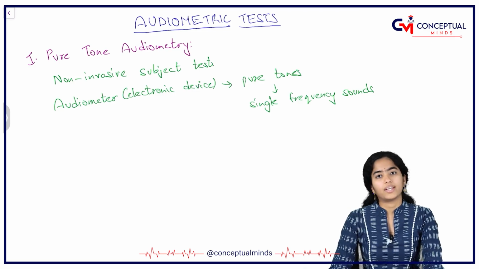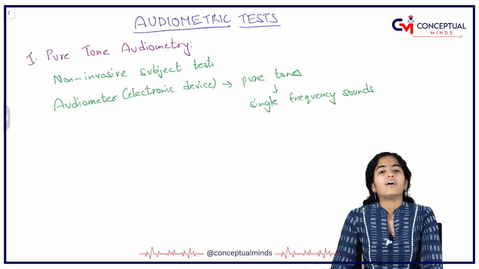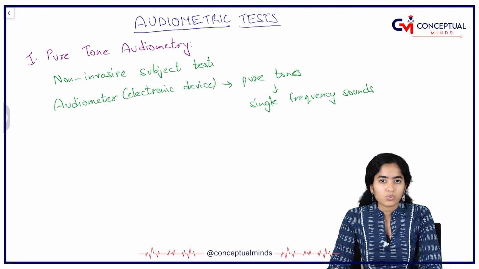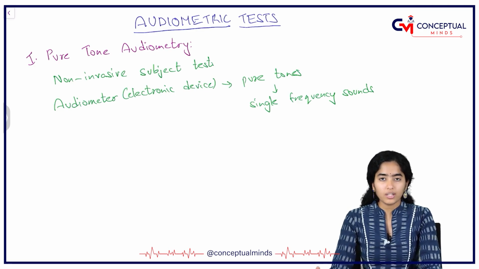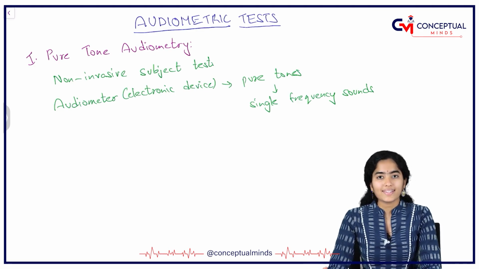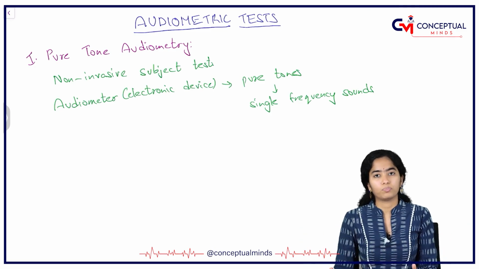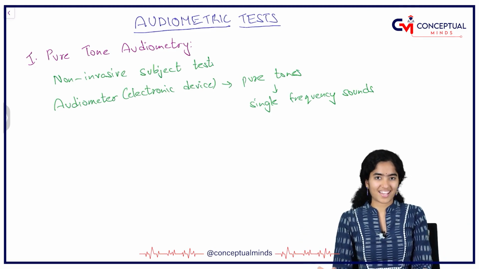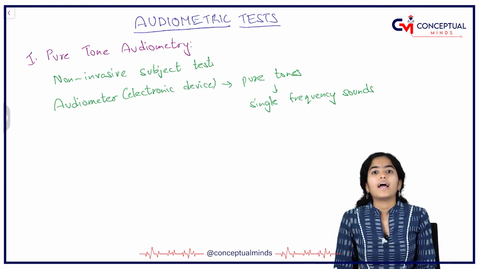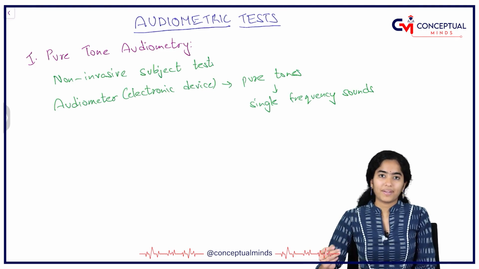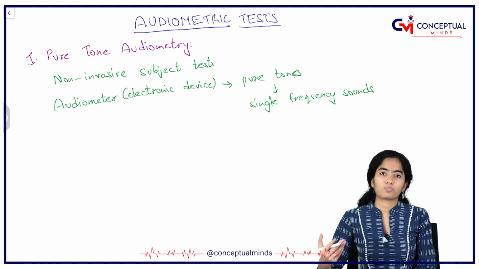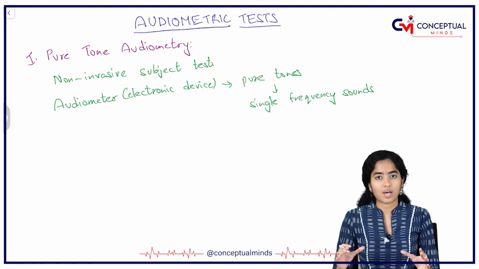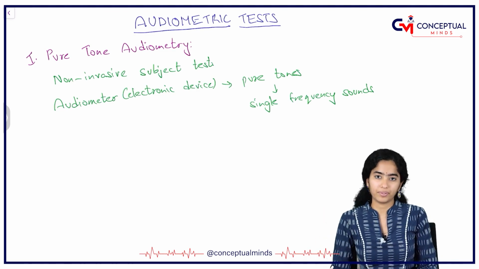Okay, we have a machine, well and good. So what? We deliver these sounds that are produced by the audiometer to the patient in a soundproof room, preferably where the noise is as least as possible. And then whenever the patient is able to hear, the patient responds to you and you mark all those observations on a chart paper.